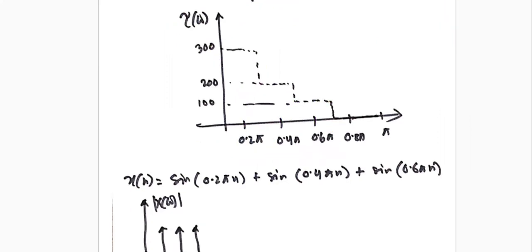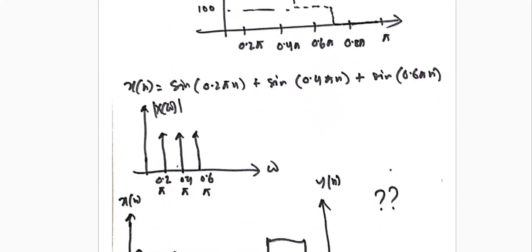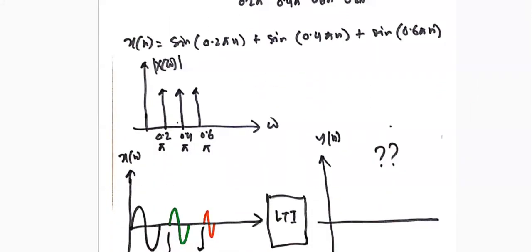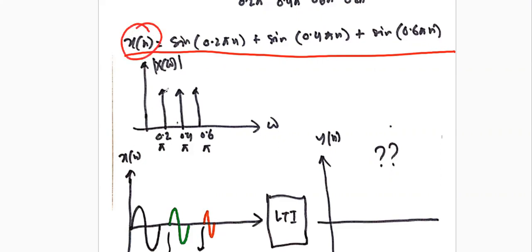Let me show the output for a practical case. Again, we have the same signal which we had previously. If we want to draw the frequency spectrum of x[n], we get this kind of 3 stems: one for 0.2, one for 0.4, and another for 0.6.